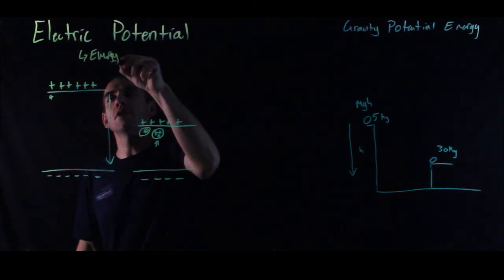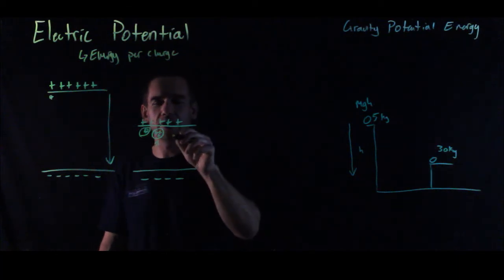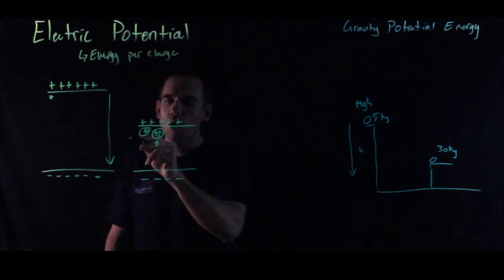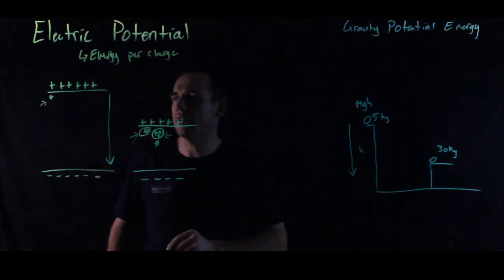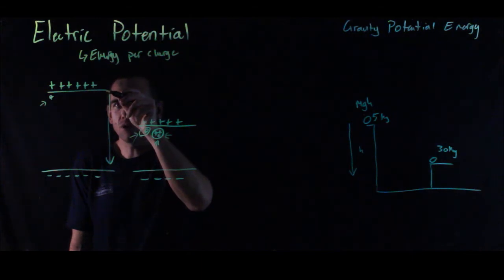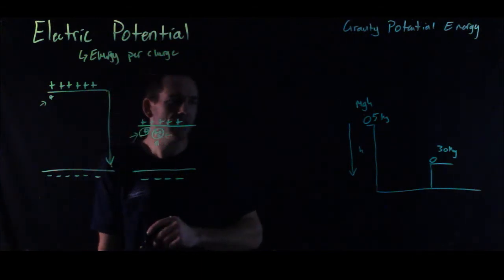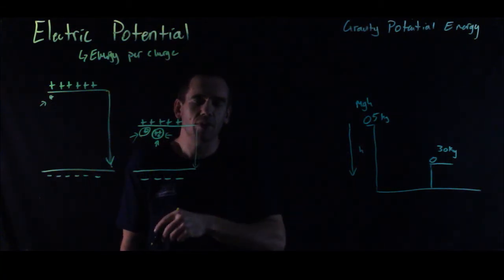Energy per charge. And so instead of telling me how much electric potential energy this thing has, or this thing has, instead it tells me the potential difference between these two places, and then the potential energy can be calculated simply by knowing the charge.